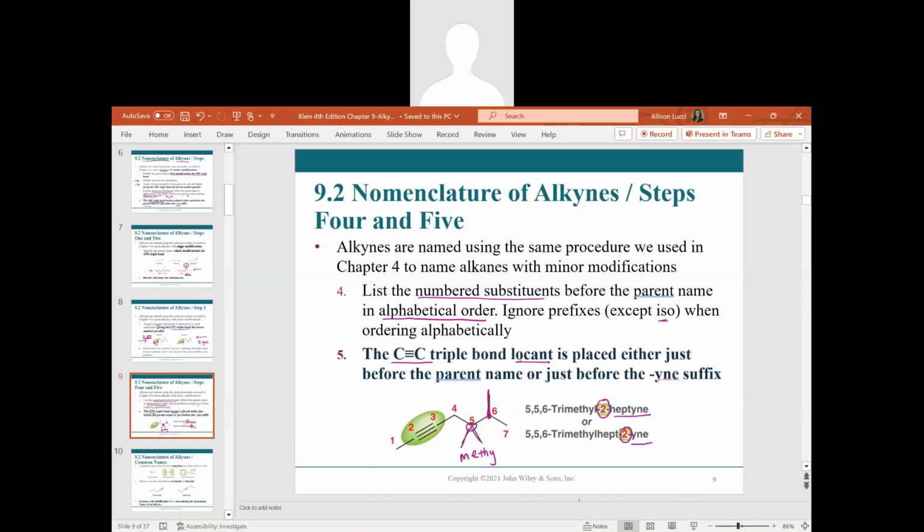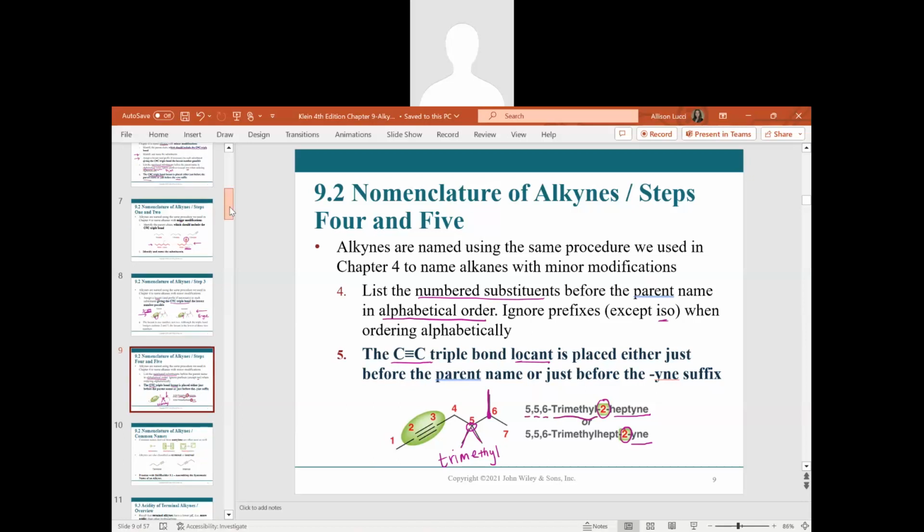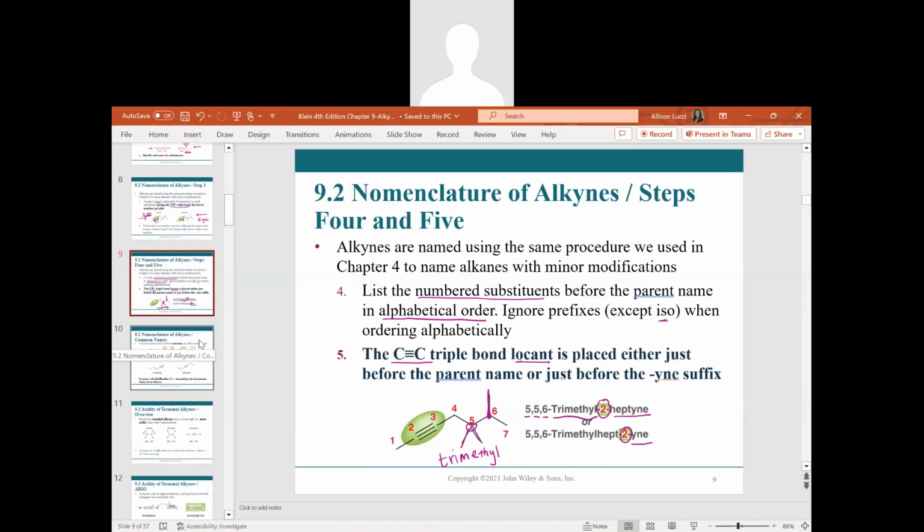So we don't just have a dimethyl, we would end up collectively between the 2 carbons, 5 and 6, with trimethyl substituents. And then we have to give the numbers that all three of these methyl groups are on. So that's where the 5,5,6-trimethyl portion comes from. So again, it's very similar to nomenclature of alkanes and alkenes, but now we just have to describe where that triple bond is.